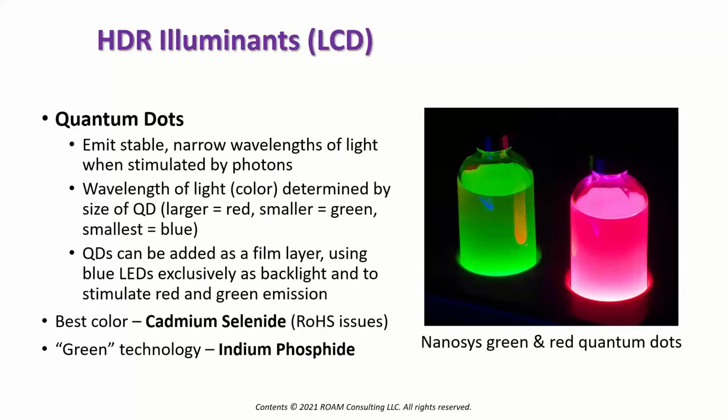You're taking energy of one kind and converting it to energy of another kind, which is a quantum energy process. So when you hammer these dots with blue light, you get a very intense green and a very intense red. The size of the dot determines the wavelength of the color, and these can be added as a layer, either as film or on glass or some other way, to a backlight for a TV.